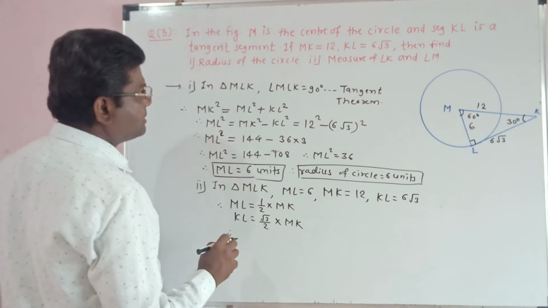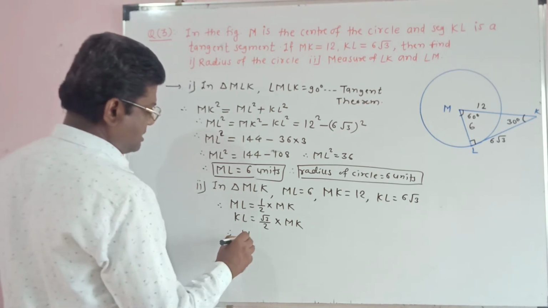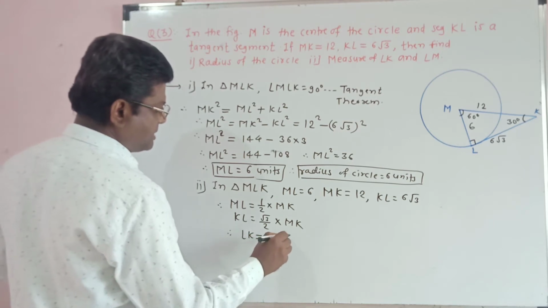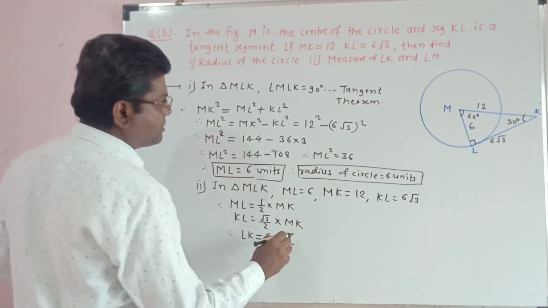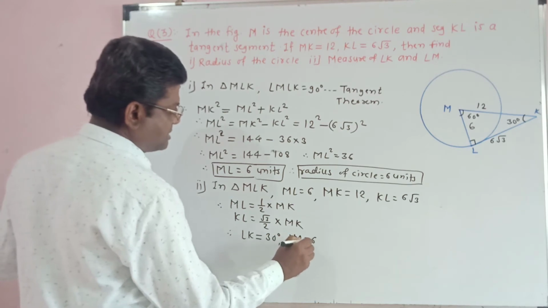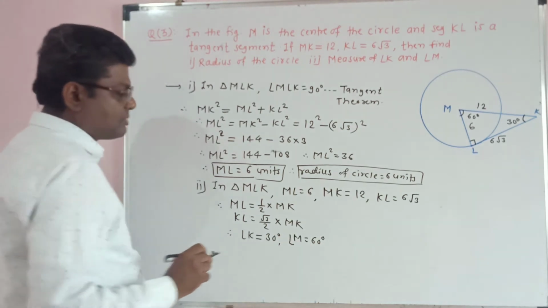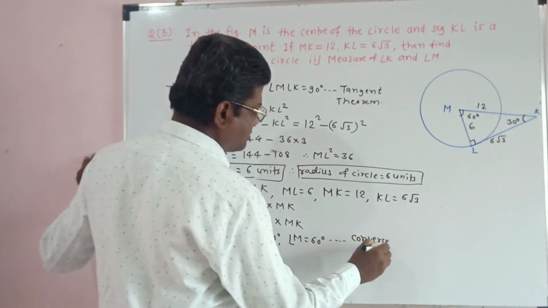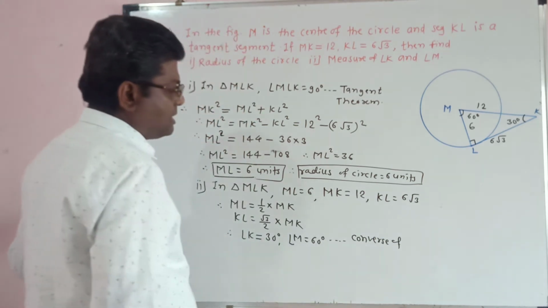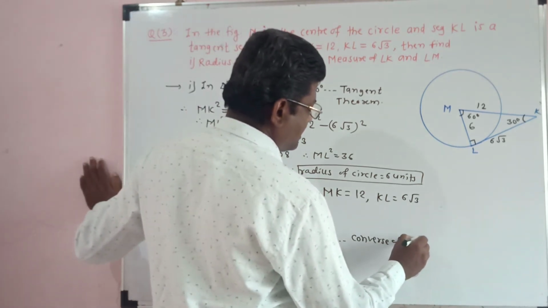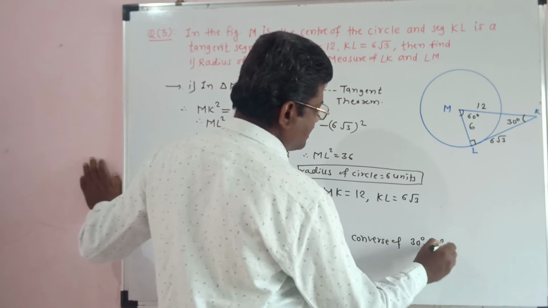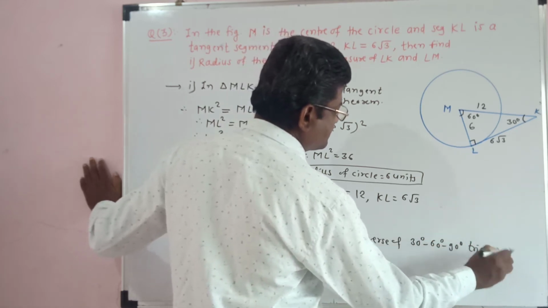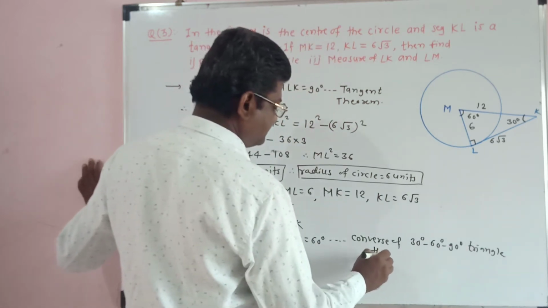Therefore angle K is equal to 30 degree, angle M is equal to 60 degree. Reason is converse of 30 degree, 60 degree, 90 degree triangle theorem.